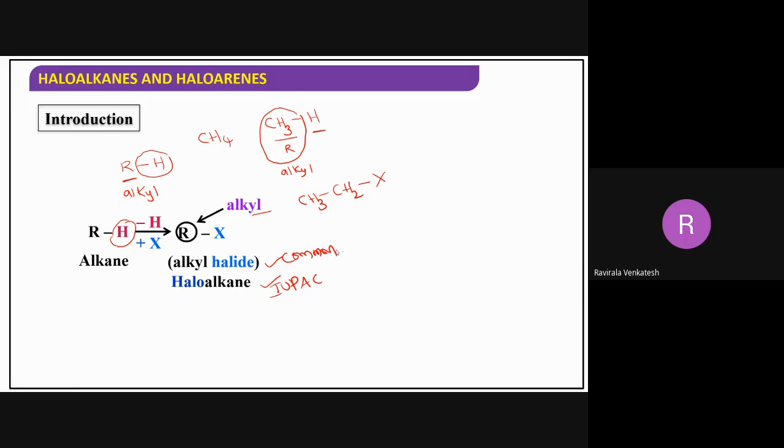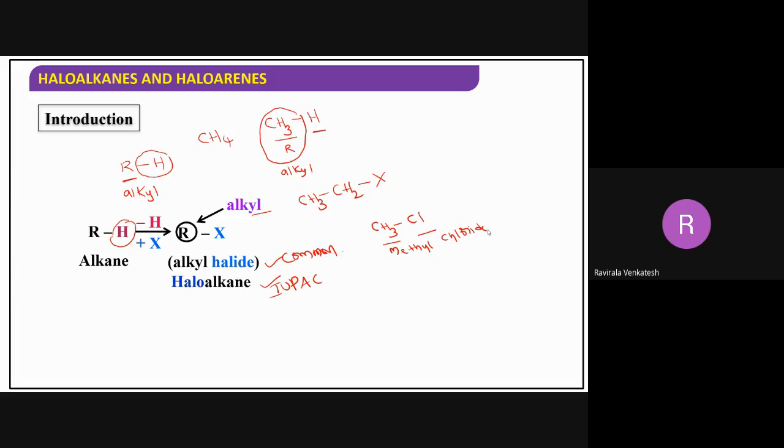For example, you take this one, CH3 with chlorine. The common name is methyl chloride, isn't it? Now how to call the IUPAC name? What is halo here? Anybody? Chlorine.